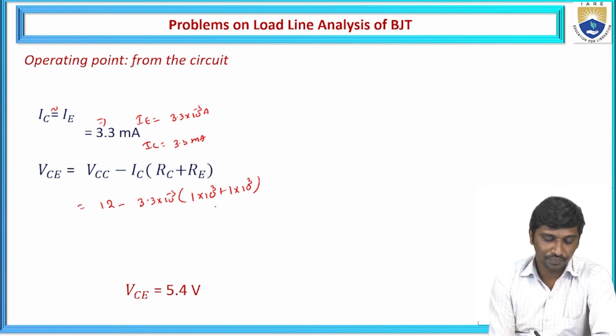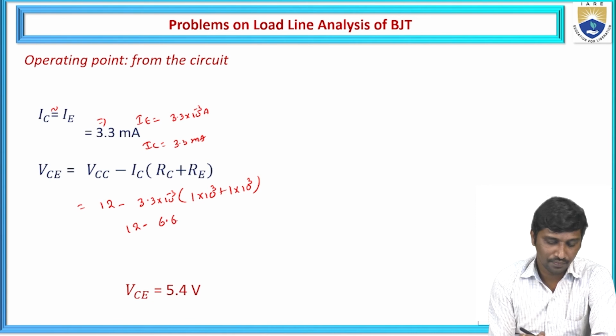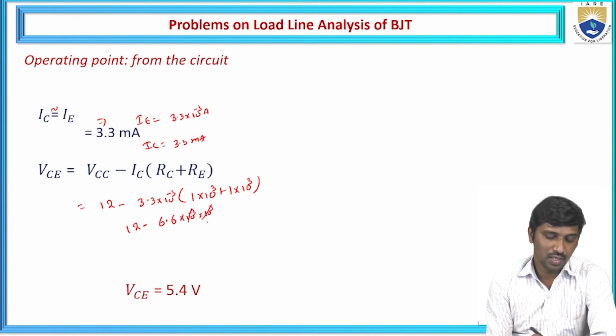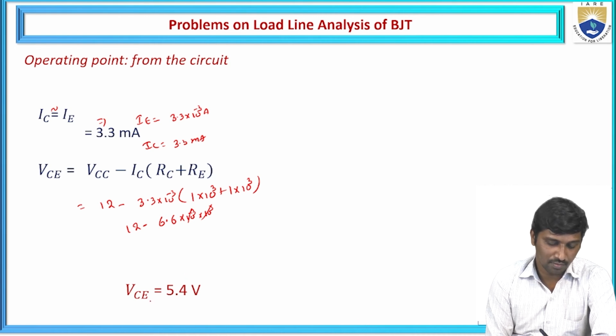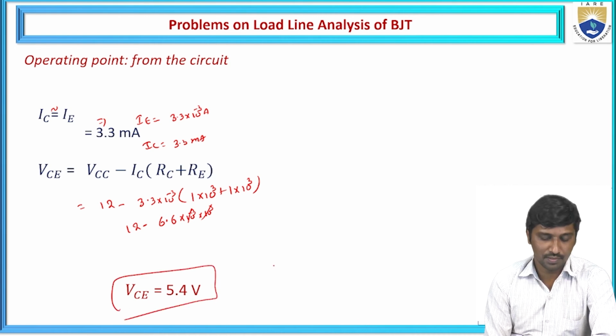So 1 plus 1 is 2 kilo ohms, which gives 12 minus 6.6. That is nothing but 5.4 volts. So this is the VCE value.